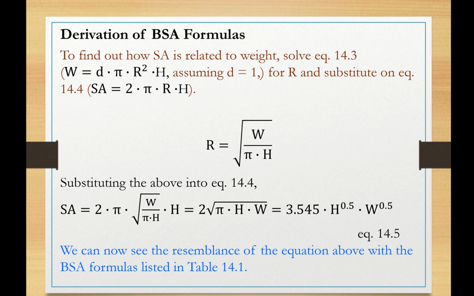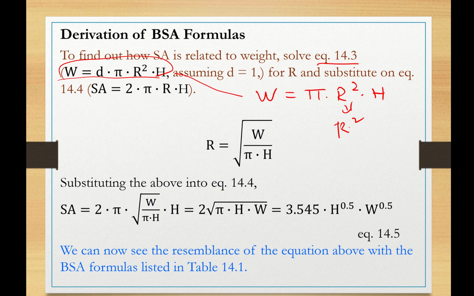So here we have equation 14.3. I'm just going to write it over here: W is equal to pi r squared times h, and then I solve for r. So r squared will be equal to the weight over pi over h, and therefore r will be the square root of the weight over pi over h.